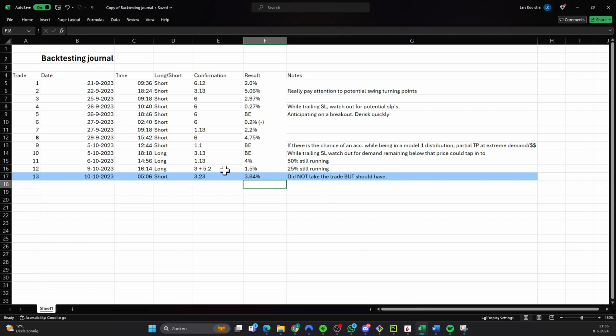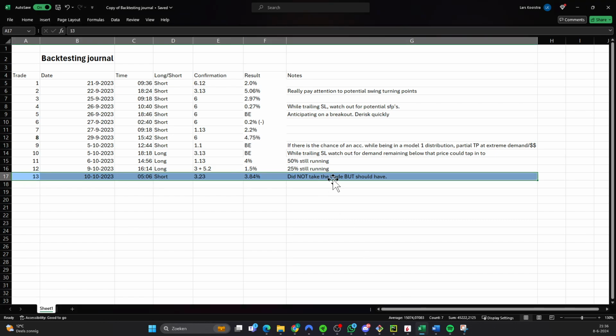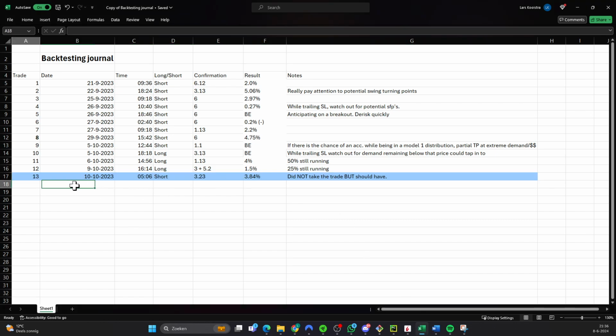And that's what we're really noting down with this blue one, because if you see too many blue ones and they're all working, you start to realize, if it's black and white on paper, oh wait, I just have to take it, because look, it is a valid confirmation, 3.23. If that happens, take the trade. You know what I mean? I'd rather lose 1% on this trade if it was valid than miss out on 3.8.